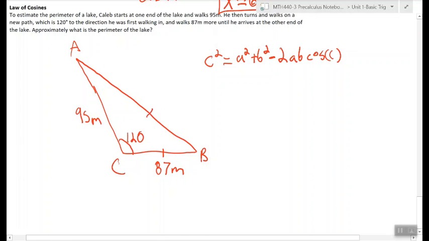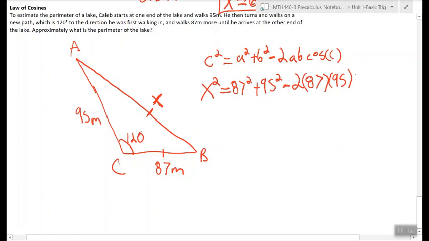Since we're trying to find this line right here to find the full perimeter, that will be c, so x squared equals 87 squared plus 95 squared minus 2 times 87 times 95 times cosine of 120. And it's pretty much just plug it into your calculator.